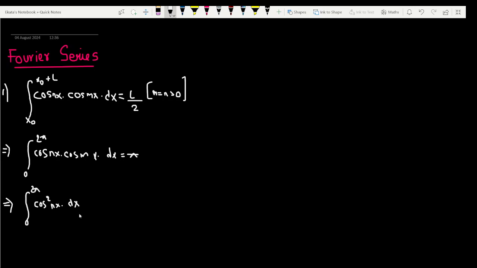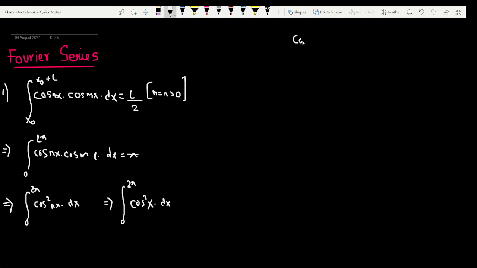For simplicity, we are substituting the value of n as 1. Then our integral becomes the integral from 0 to 2 pi of cos square x dx. Now it is very easy to evaluate this integral. To evaluate it, remember a trigonometric identity, because trigonometric identities are very useful in solving these types of integrals.